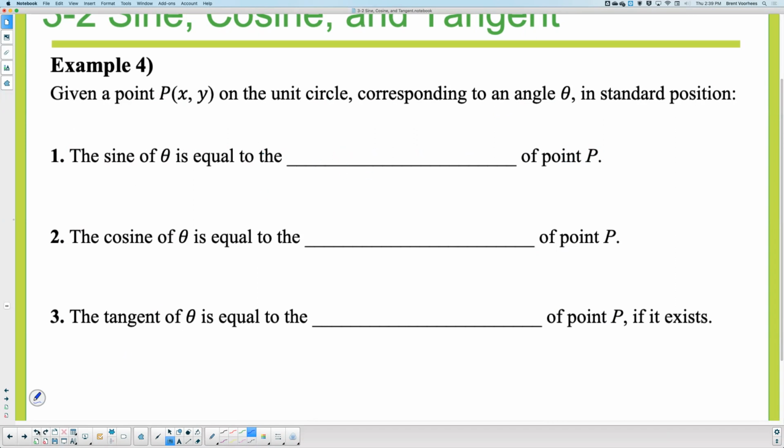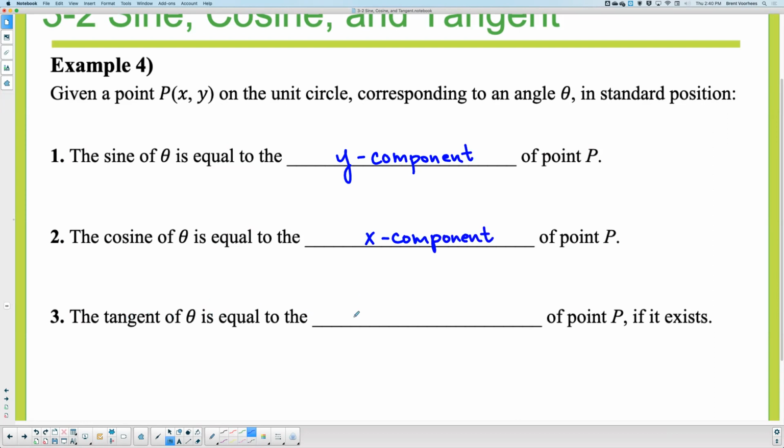Let's try that again. The y component, yes, the y value. The sine is equal to the y value of point P, the y component. It's technically the math word you should use, but the y value. Okay, what is cosine going to be equal to? The x component.